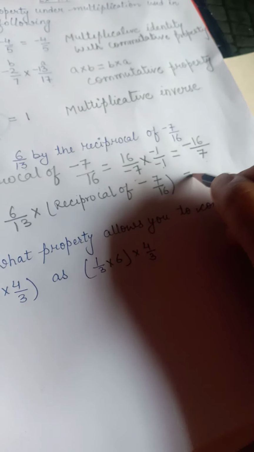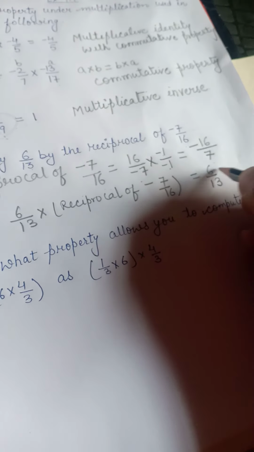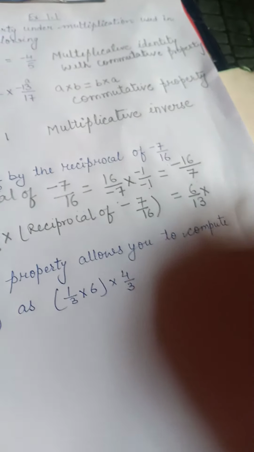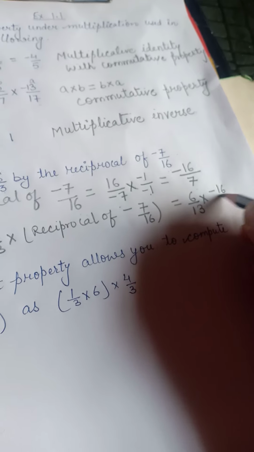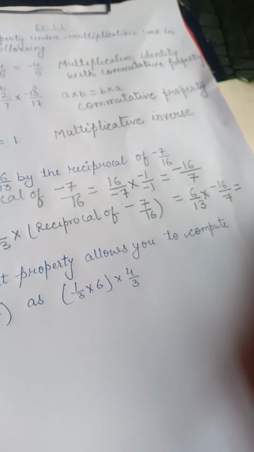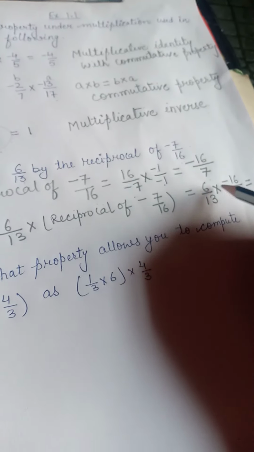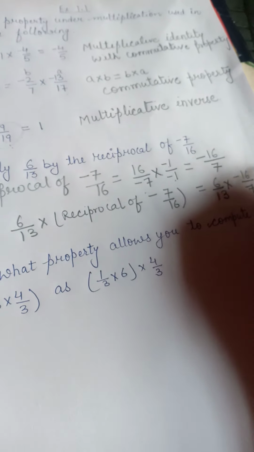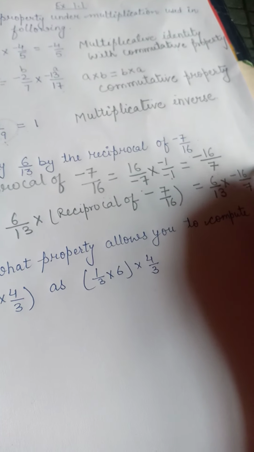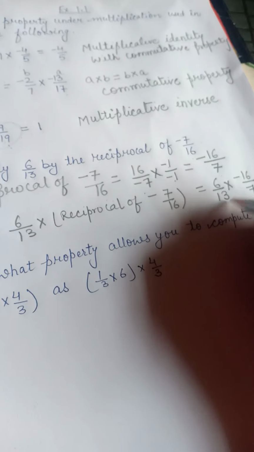So we can write it as 6 upon 13 multiplied with -16 upon 7. So at the end, the answer will be: 16 times 6 is 96, divided by 91, so minus 96 upon 91 is our answer.